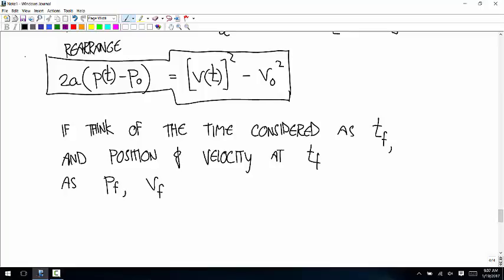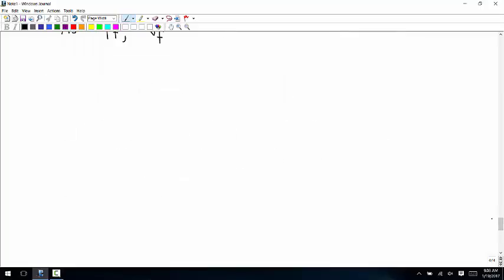We get the three constant acceleration equations. And they look like this.